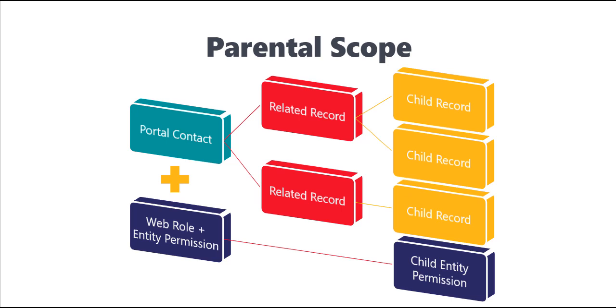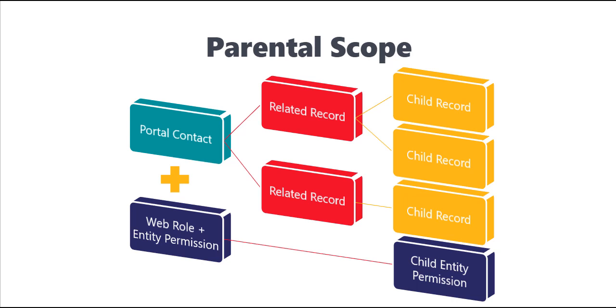So moving beyond contact scope, we have parental scope. Essentially this is how you extend that concept of records being related to the portal contact record in the system in order to grant row-level access further than just contact scope.